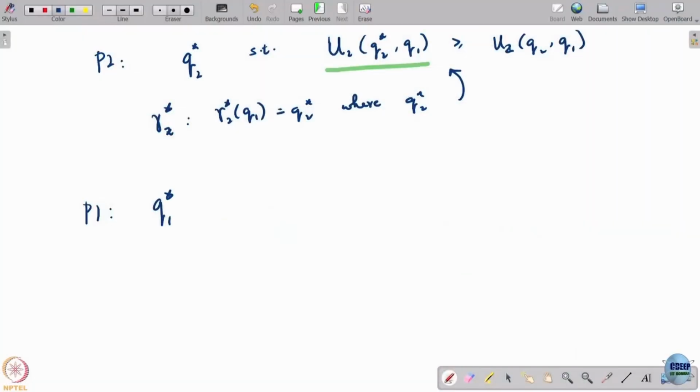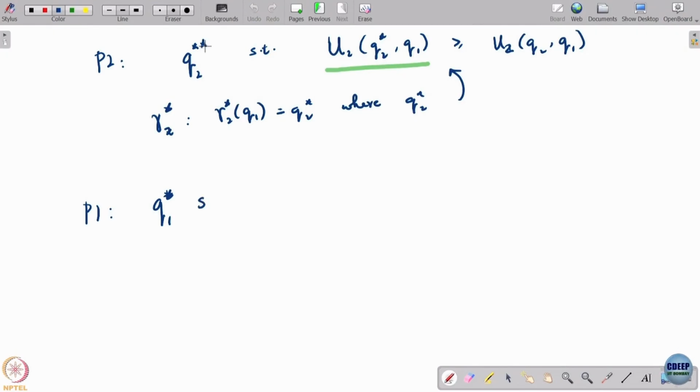Well, that is known to player 1. If the players know that this is what will be known to them during the game, then now that player 1 knows that player 2 is going to respond with gamma 2 star, he can anticipate that is going to be the response of the player. So a potential mode of play for player 1 now is to play q1 star.